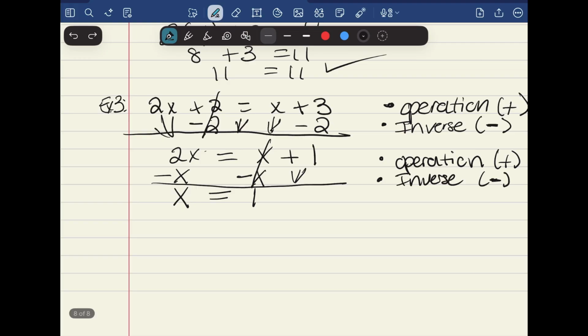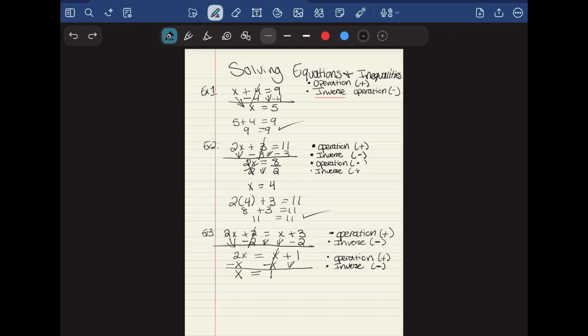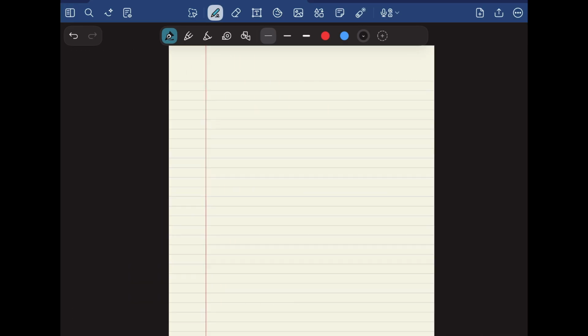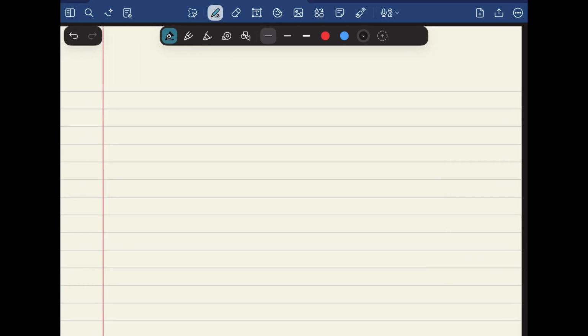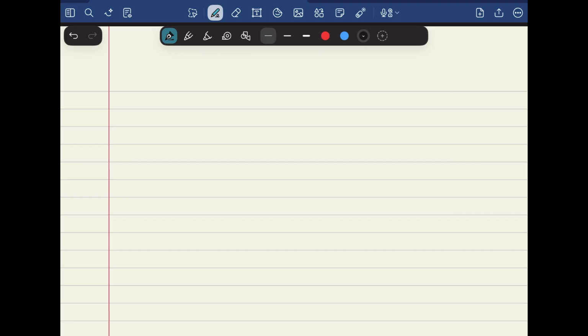Now, we are going to quickly move on to inequalities. Let's create a new page. So what is an inequality? Inequalities use symbols like less than, greater than, less than or equal to, and greater than or equal to. You know how equations are math sentences with the equal sign?